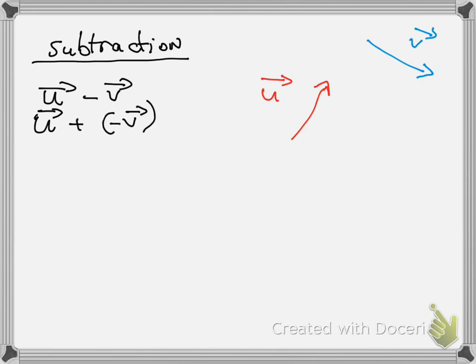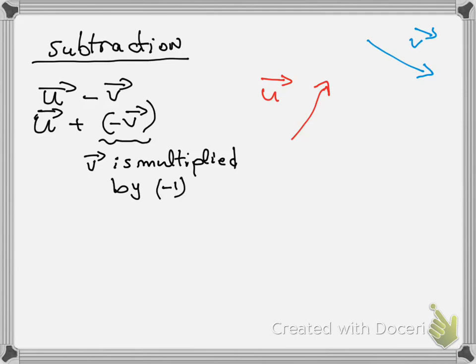Here, minus v means that you multiply v by negative 1. So what's minus v?